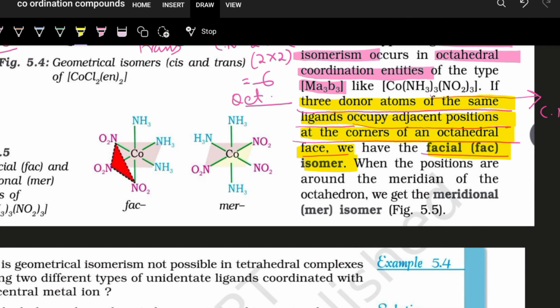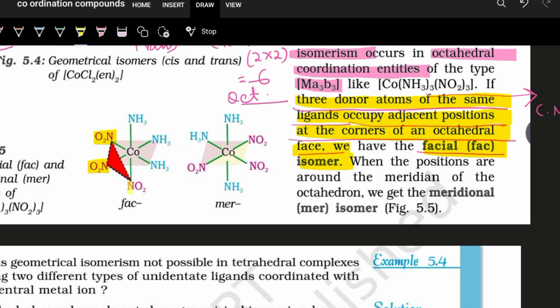So we can see the three donor sites, NO2, NO2 and NO2, they are in adjacent positions. So it is a facial isomer.